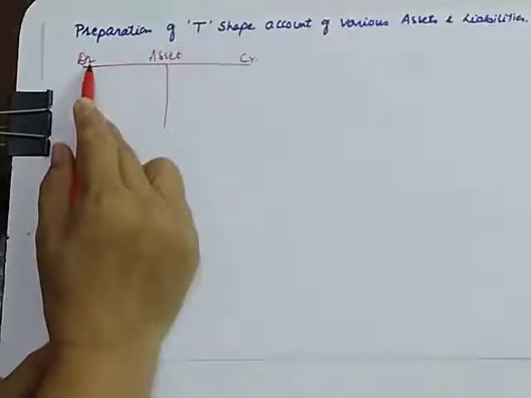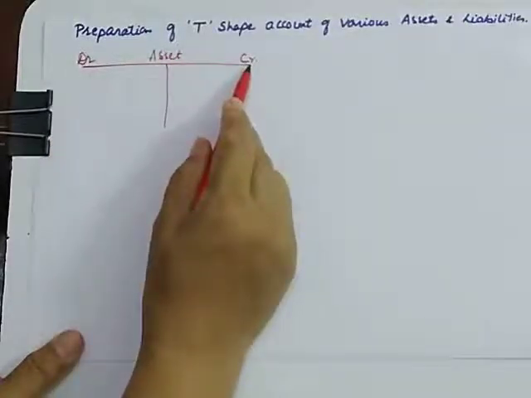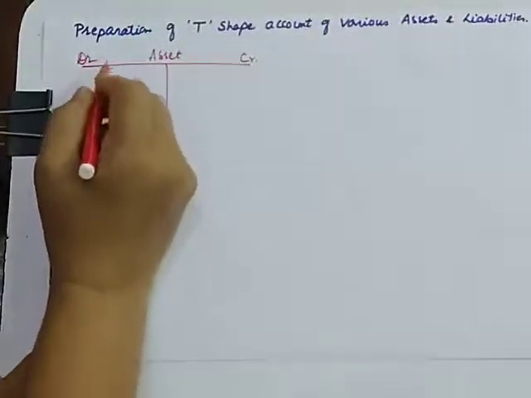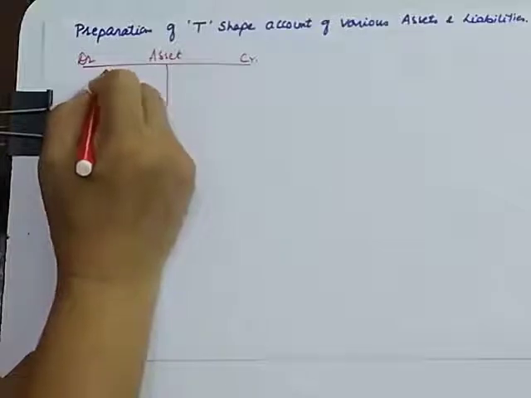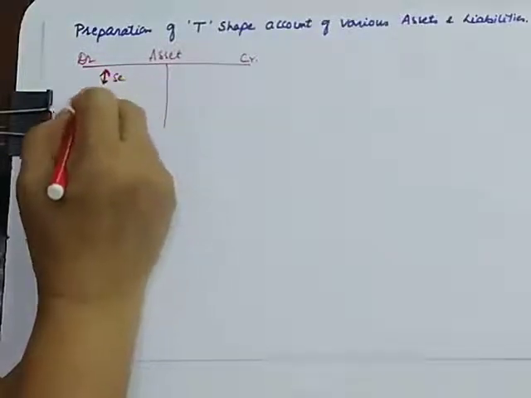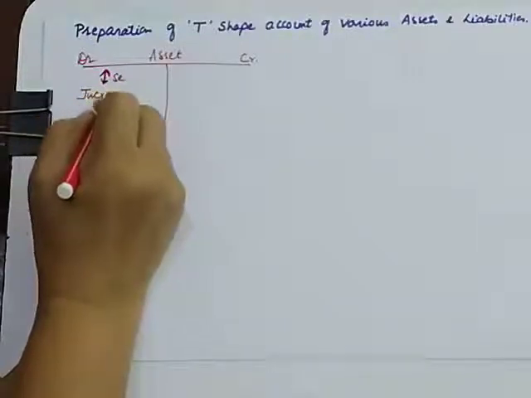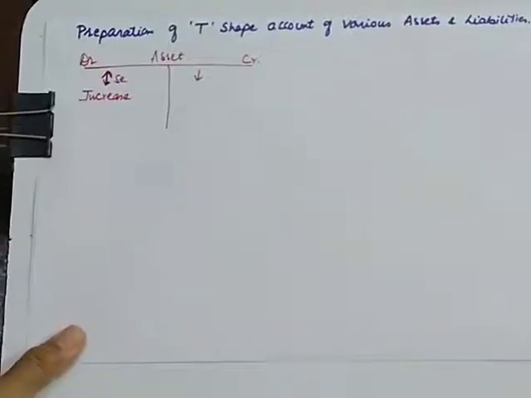On the left-hand side you write debit, and on the right-hand side you write credit. In the case of an asset, this side is the increase side. I will be recording all increases here, and this side is the decrease side.